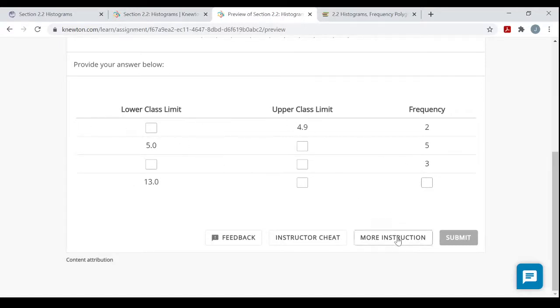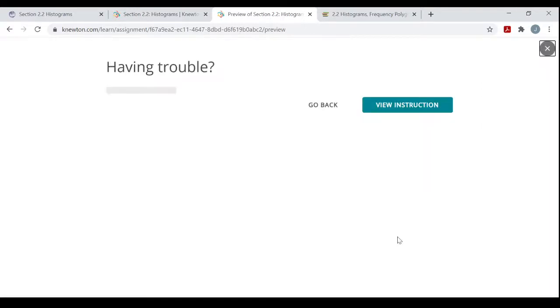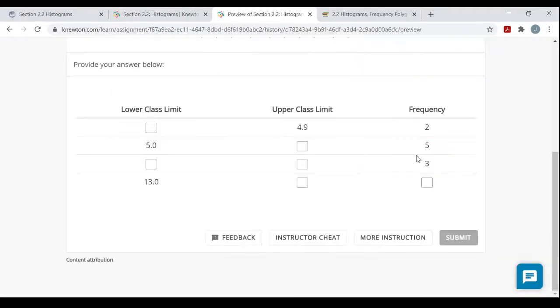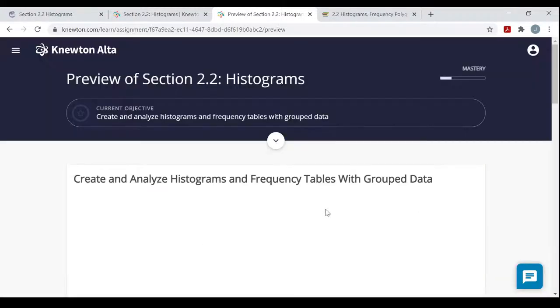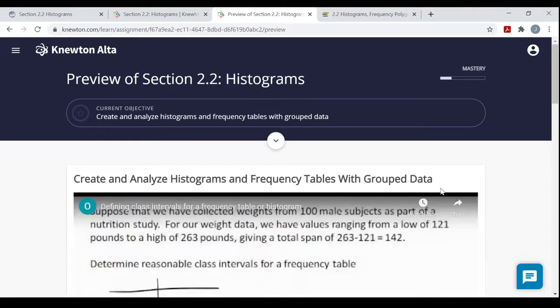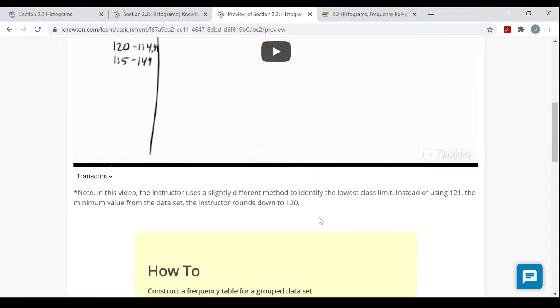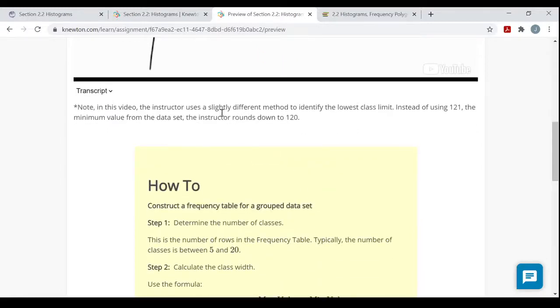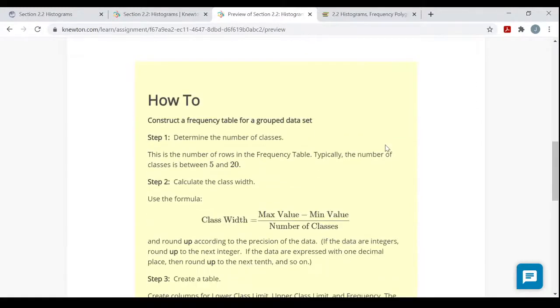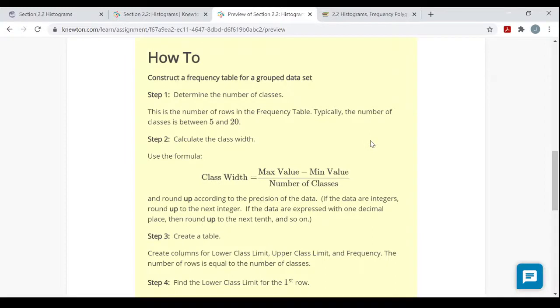All right, so we're going to go to the new objective. I'm going to go to more instruction. And now this is a video on doing this. And read the little note down here as well. All right, so here's the how-to. Now I'll read this out.